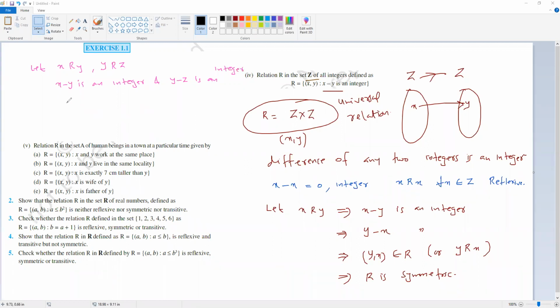So if you add two integers, therefore x minus y plus y minus z, you will again get an integer only, correct?